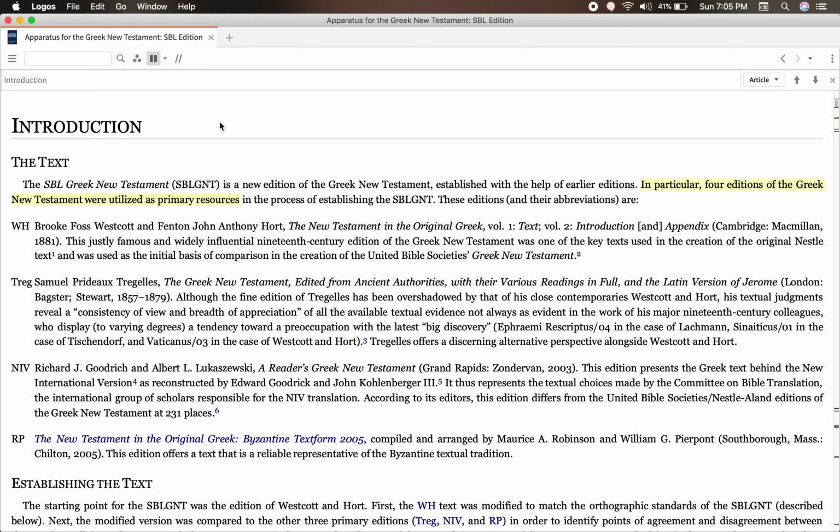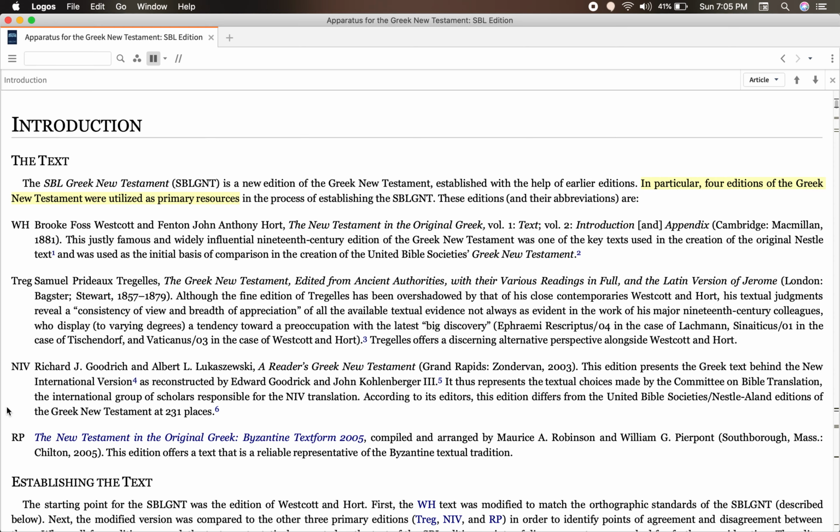And here in the SBLGNT, it's 4 main critical editions, and this is what this introduction tells us. WH stands for Westcott-Hort. TREG stands for the Tregelles New Testament edition. The NIV obviously is the New International Version, the family of manuscripts that were used to translate that. And the RP stands for the Robinson-Pierpont edition of the New Testament.